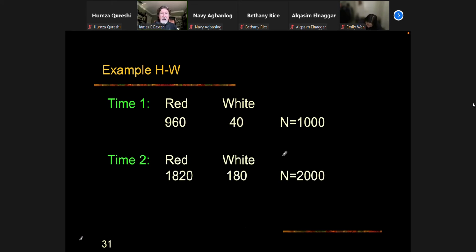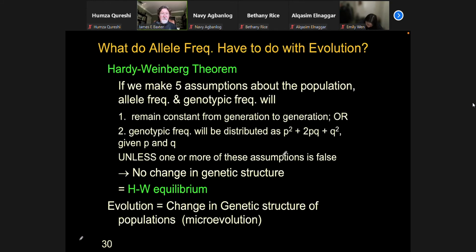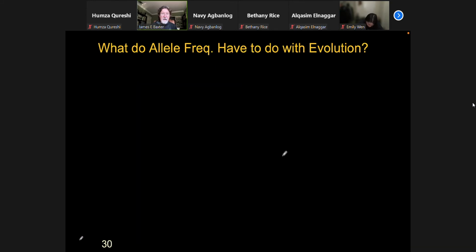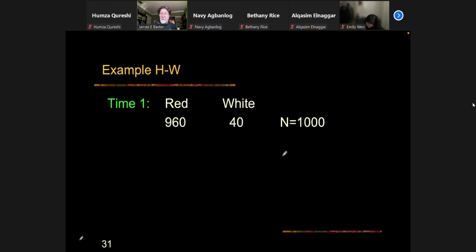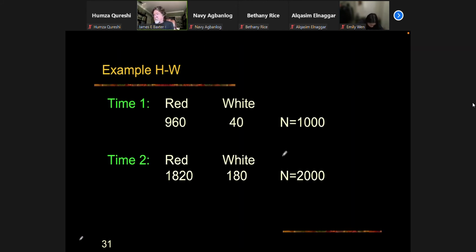We already calculated on a previous screen that in this population P equals 0.8 and Q equals 0.2 in the first generation. And so we wait several years, several generations, maybe 5 generations.